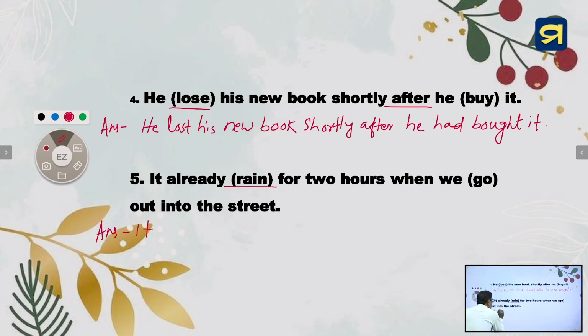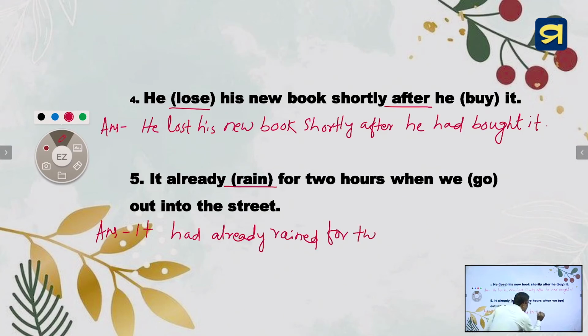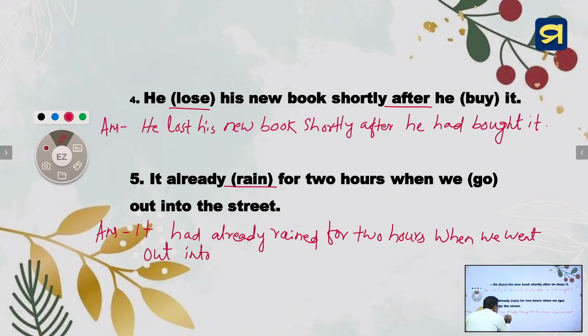That means it had already rained for 2 hours when we went out into the street. Okay, dear children. Next.